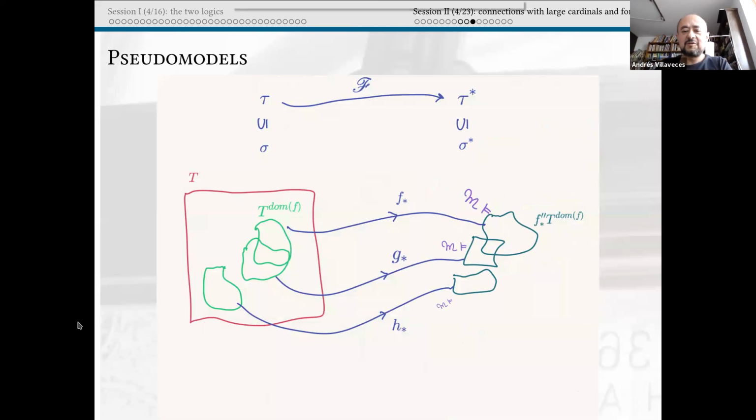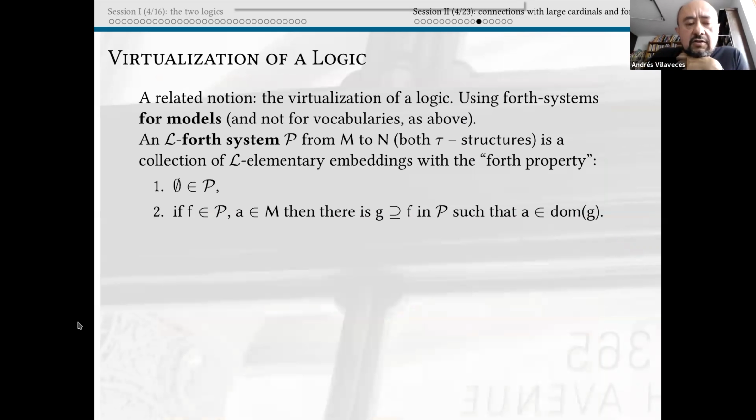Just put the picture in larger so that you can see the pseudo model is really following all of this. There is also something called the virtualization of a logic. It is a related notion, with a lot of similarity, but it is different. So now we can also think of using fourth systems for models and not for vocabularies as above.